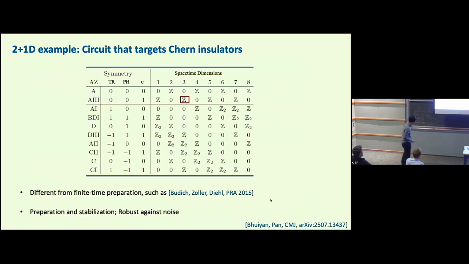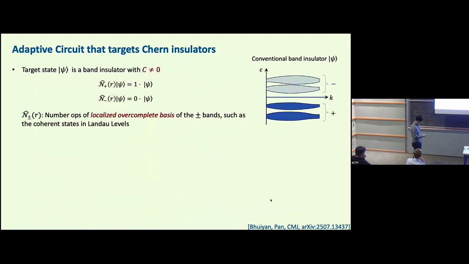And I want to just quickly mention that this is different from any sort of finite time preparation of a Chern insulator, because I'm curious about the entire dynamics, which is supposed to run forever. So if you want to put it in the context of state preparation, it's not only just preparation, it's also a stabilization algorithm that helps you stabilize this phase indefinitely. And in fact, it's also again some kind of a phase that is robust against noise.